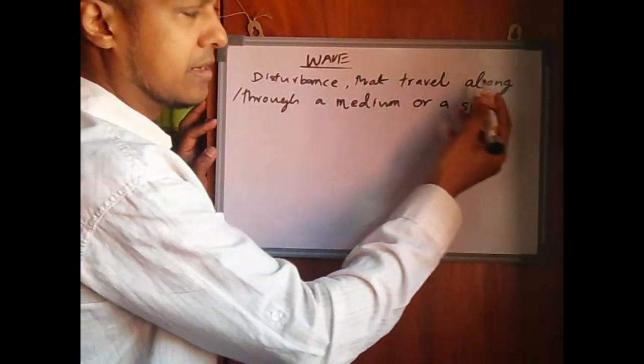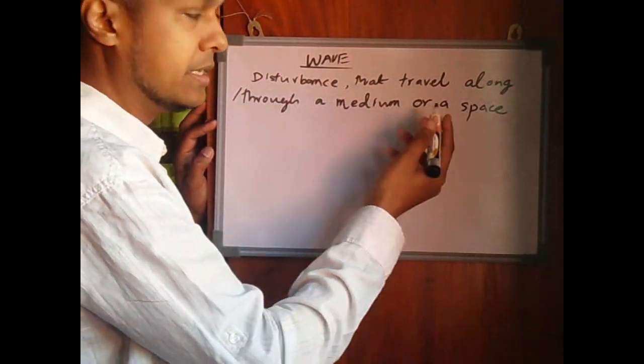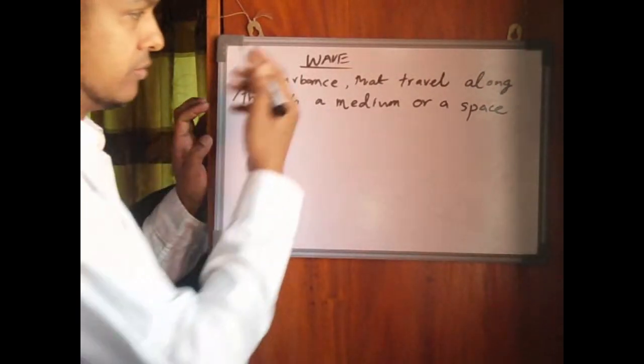A disturbance that travels along or through a medium or space is called a wave.